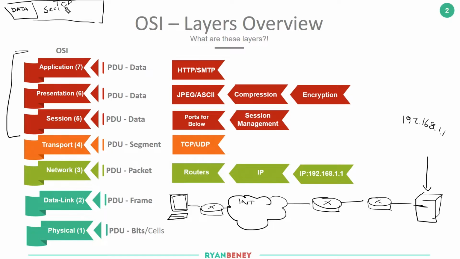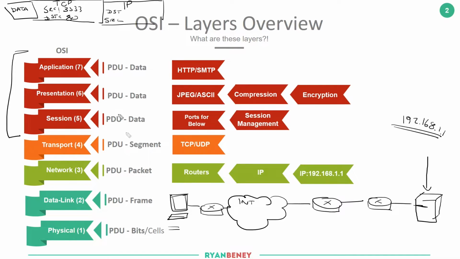Let's give it an ephemeral port of, let's say, 3033, and a destination port. Let's give it a well-known port of port 80. We'd also have an IP header that goes on top of that, and the IP will have the destination of this IP and the source of this IP.